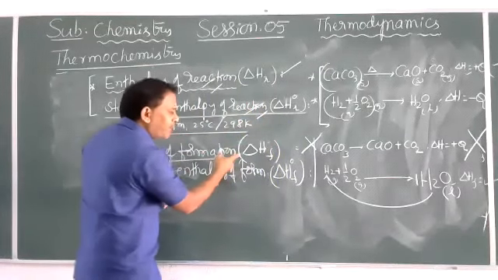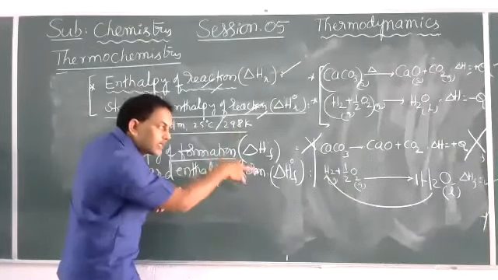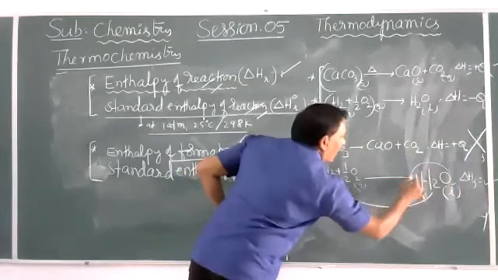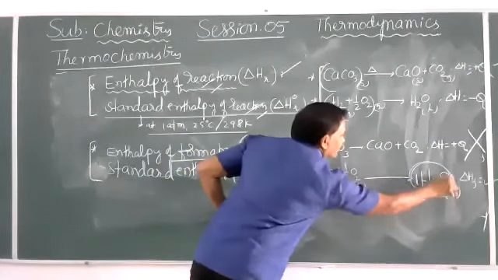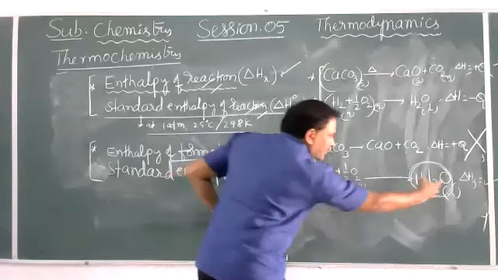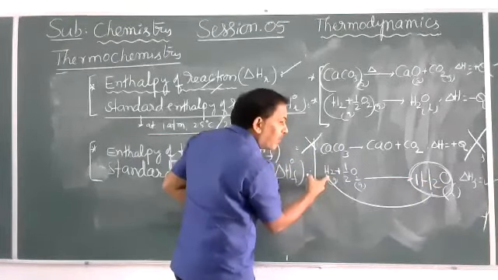Whereas enthalpy of formation is the change in enthalpy that occurs when 1 mole of compound is formed. This is 1 mole of compound formed. In this compound, hydrogen is there separately and oxygen is there, from its constituent elements, not from compounds.